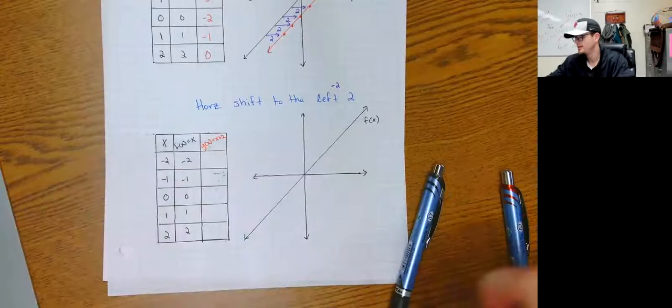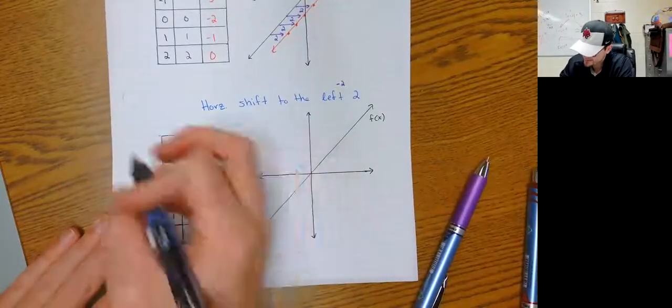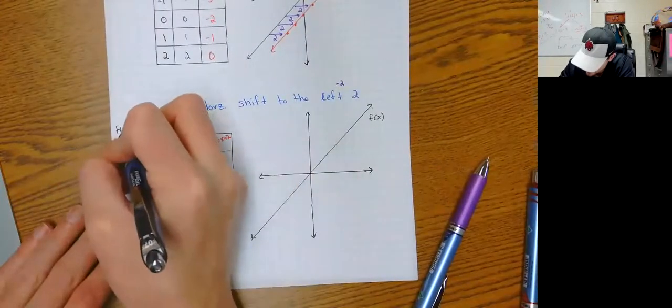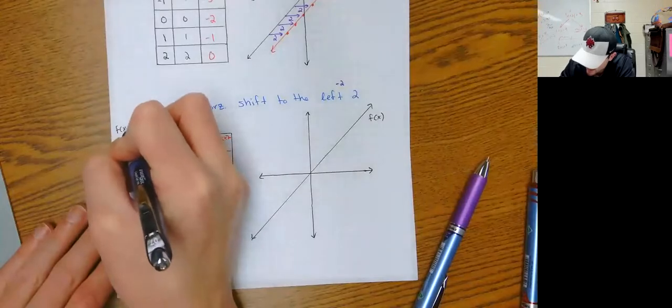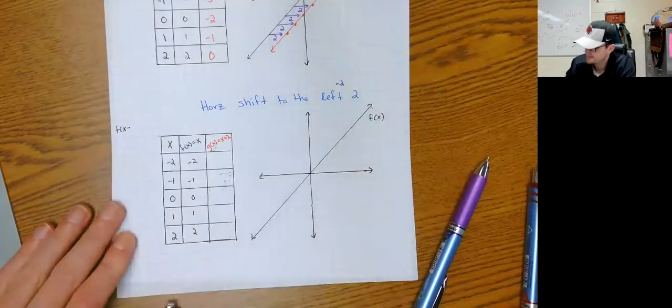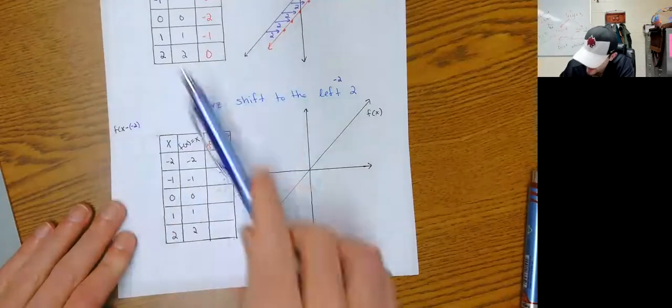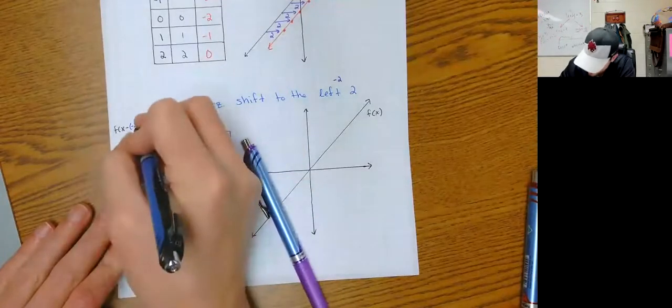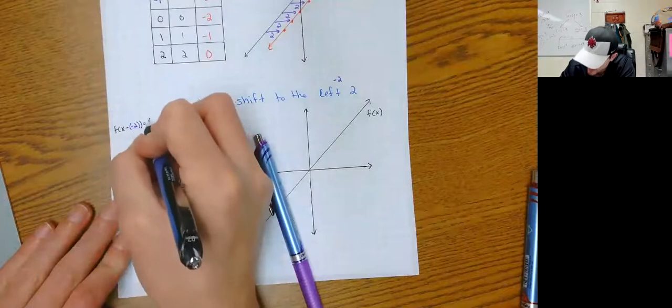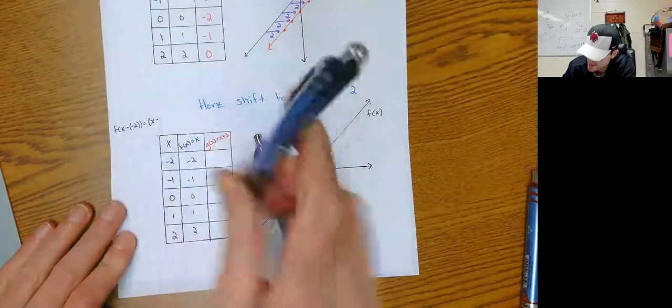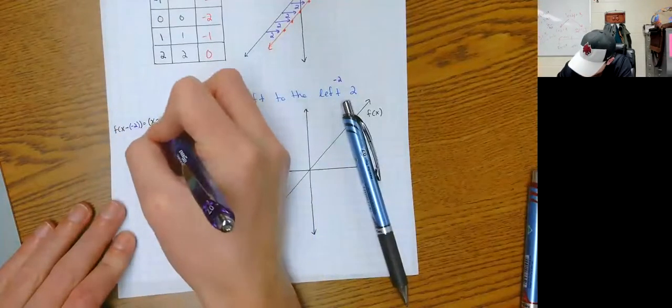So when we come over here, we're going to get f of x minus -2 equals parentheses x minus -2.